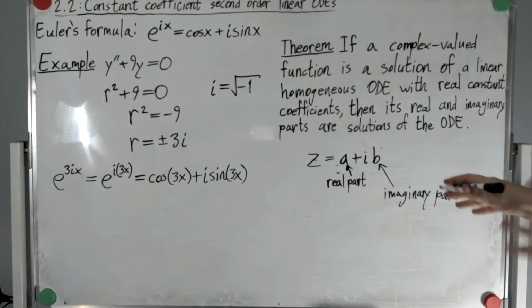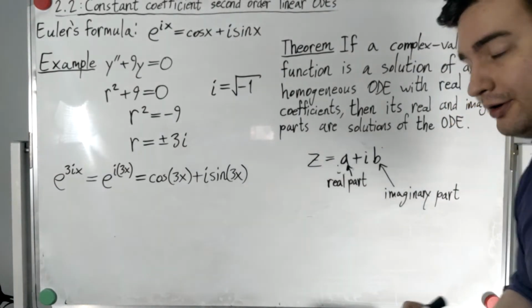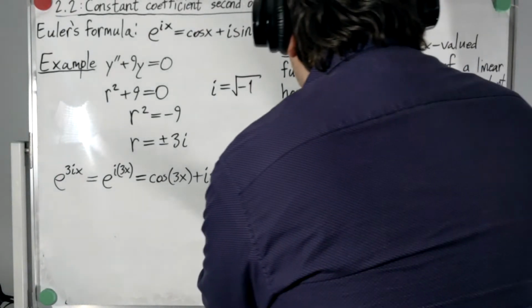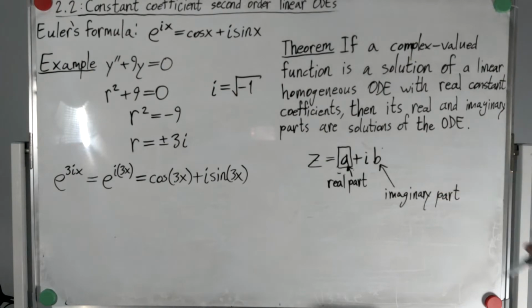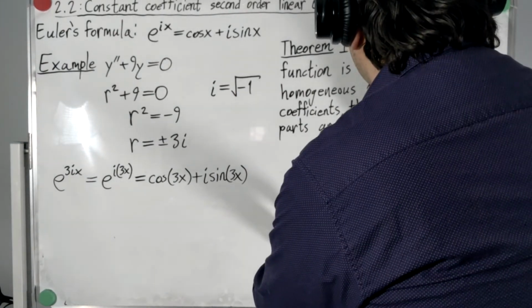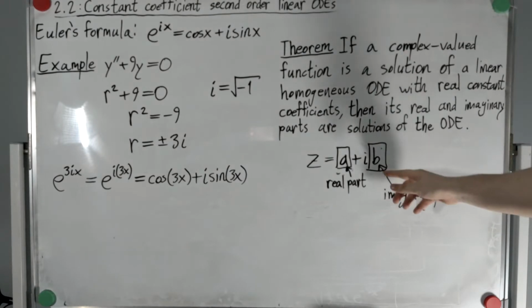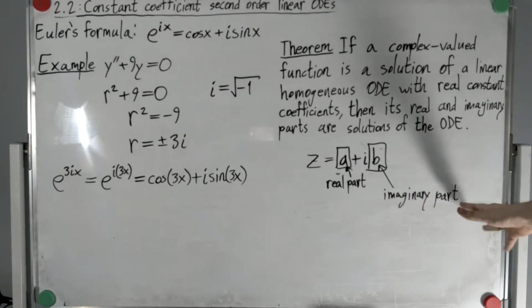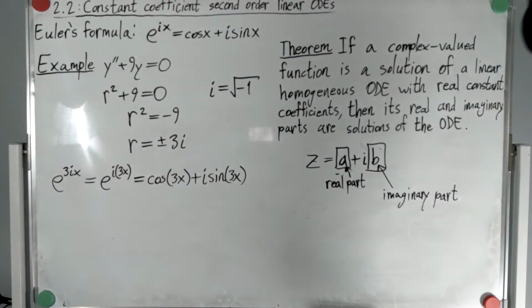I want to emphasize the real part and imaginary part are both real numbers. A lot of students think that when you say the imaginary part, you're including this i. You don't include the i, okay?